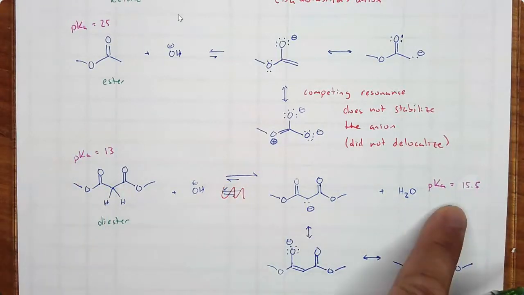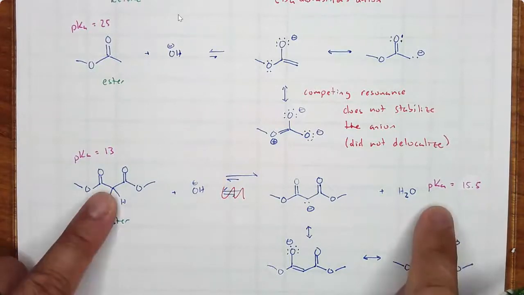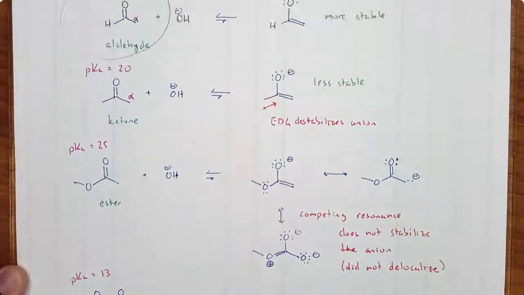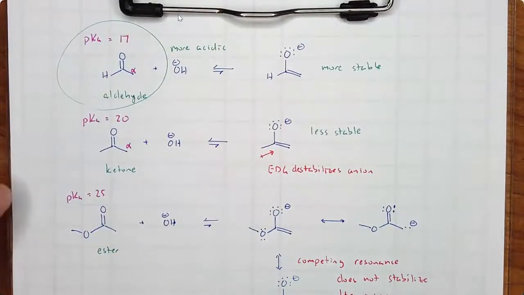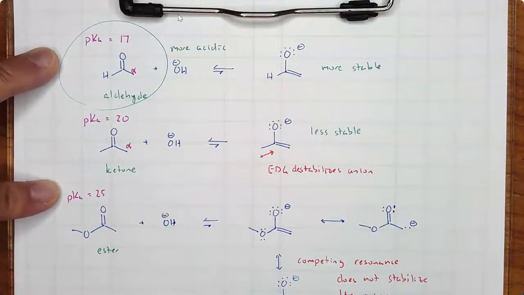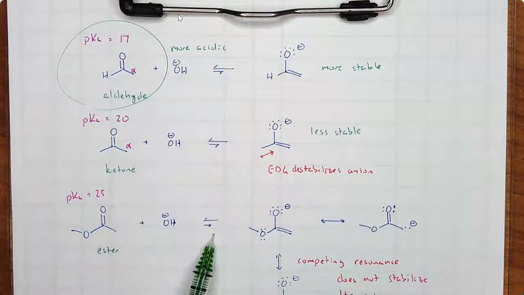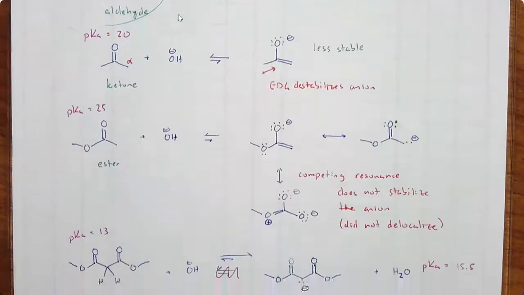And 15.5 is weaker than 13. You know that equilibrium favors the weaker acid. We didn't get that in our other cases because in each case, these three pKa's are greater than 15.5, so that's why the equilibrium arrows are facing to the left, to the reactants. Okay, so that's one thing.